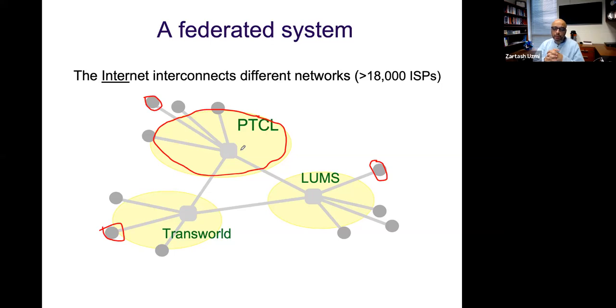PTCL will be connected to somebody else, maybe Singapore Telecom, which will connect it to AT&T and Verizon, or maybe PTCL is connected to another large service provider, PCCW, and then PCCW will be connected to AT&T. But at the end of the day, just understand that we will have some sort of connectivity.